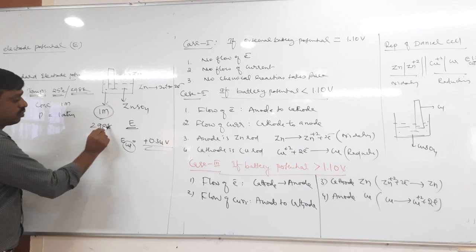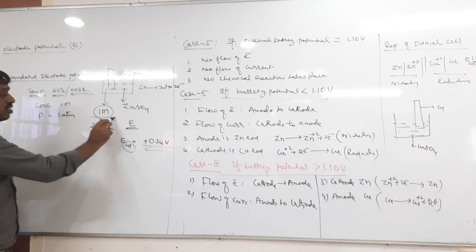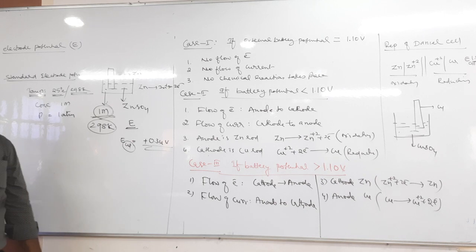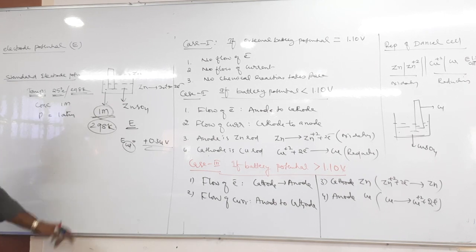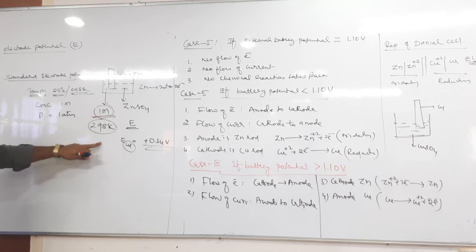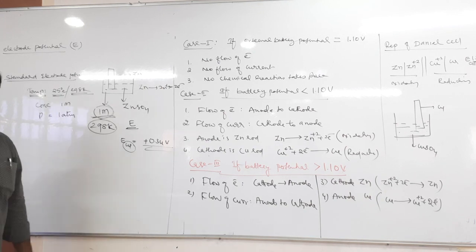Temperature 298 Kelvin. At 1 molar concentration and 298 Kelvin temperature, it is called standard electrode potential. In the definition we should add these two things, that's it. There is no other change. We should add 1 molar concentration and 298 Kelvin temperature.